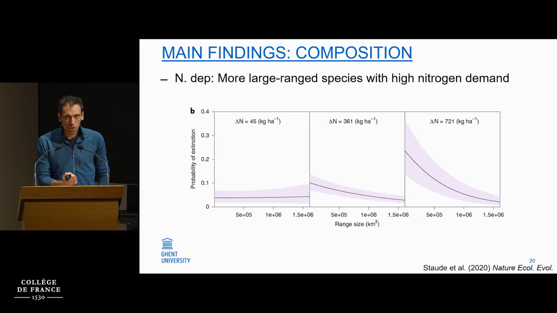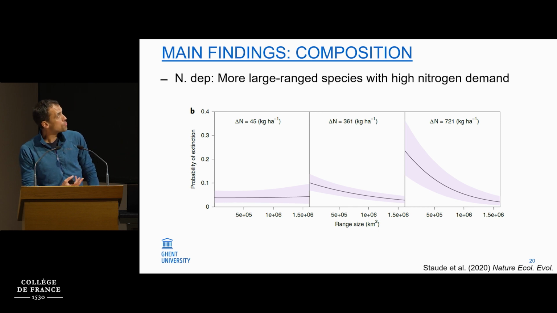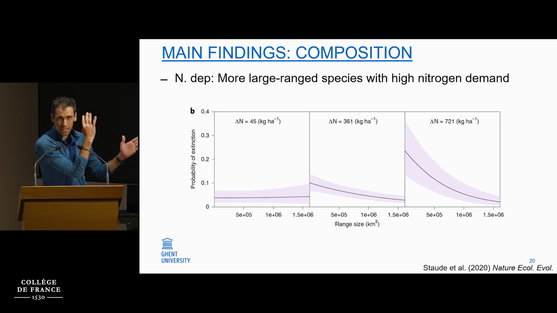Good, so if we then go back to nitrogen deposition, we dug a bit deeper to see which species suffer most from nitrogen deposition. And it seems that these are the species that have a very small distribution range. So we plotted the range size in square kilometers here on the x-axis and the probability of extinction of that species on the y-axis. And we see that for regions where there is very low cumulative nitrogen deposition between the baseline and the resurvey, this is not important at all.